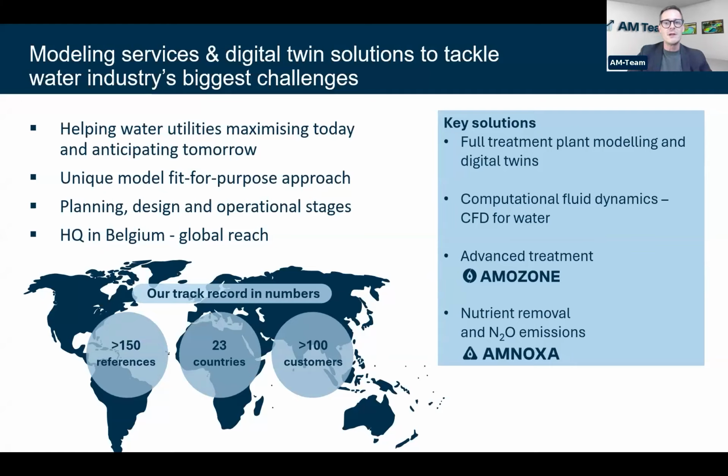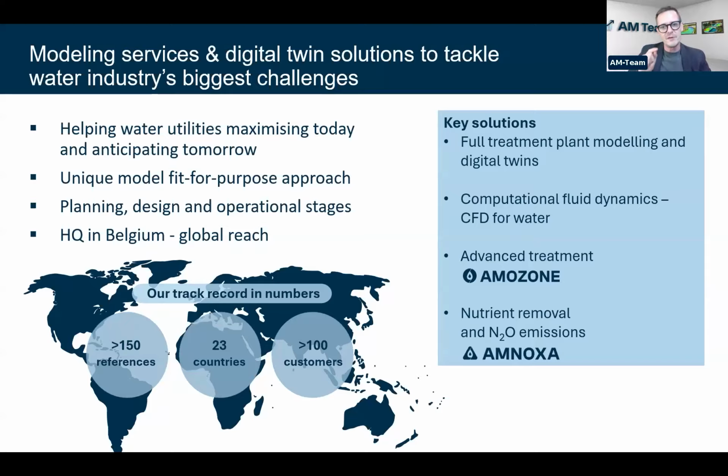So we help water utilities maximizing today, but also anticipating tomorrow. And that is easier said than done, because when you look at water treatment or wastewater treatment today, it is more complex compared to 15-20 years ago, because we just simply have to juggle way more balls, and none of these balls can fall on the ground. So it's a little bit a balancing act.